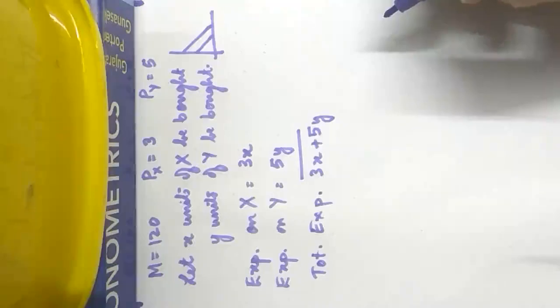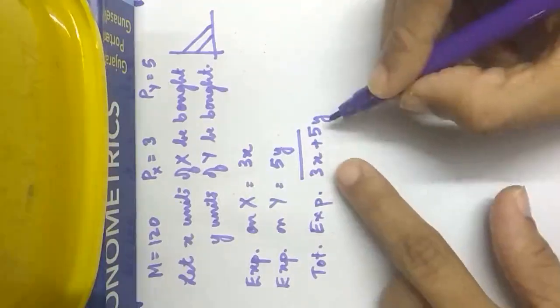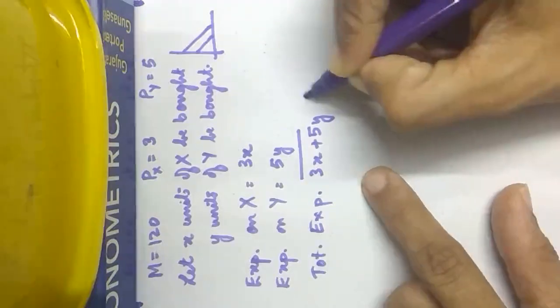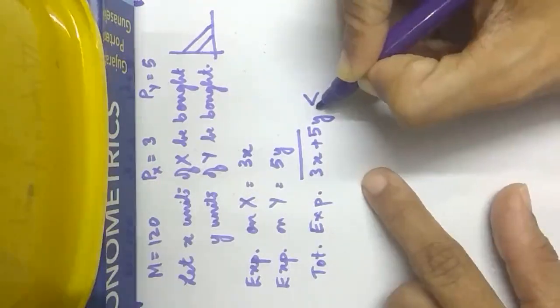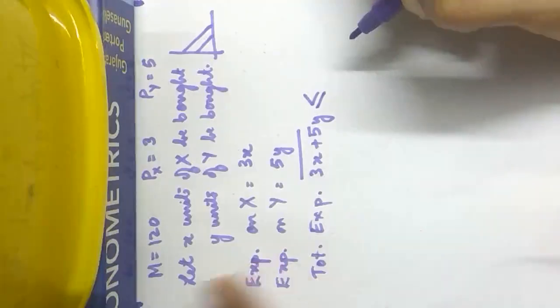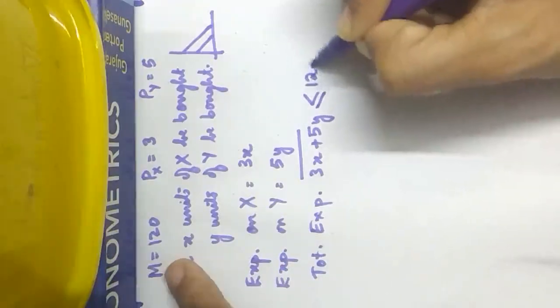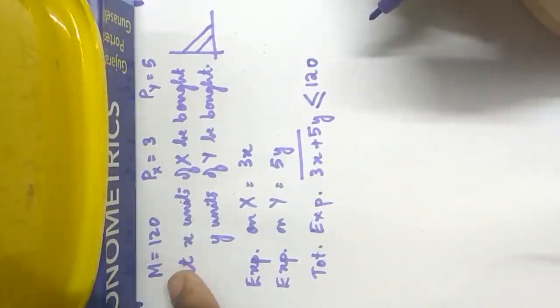Now, what does the budget constraint or the budget line tell you? That the total expenditure should be either less than or at the most equal to the money income, which is 120.